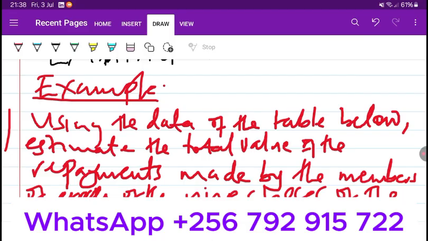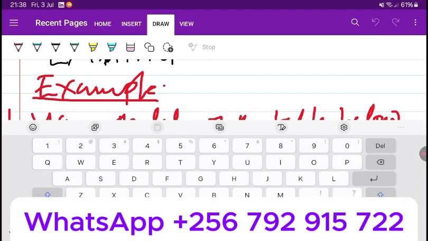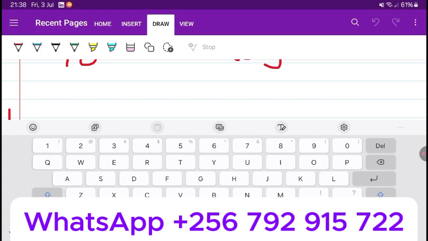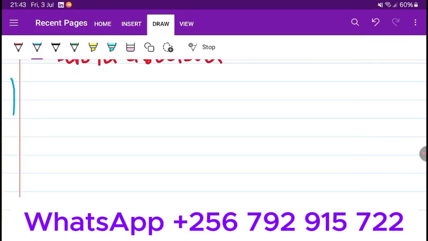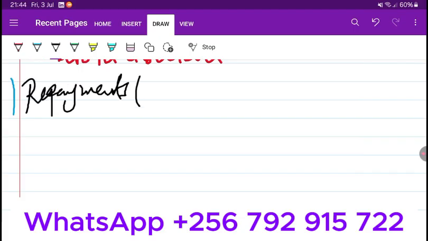So it means they have given us the repayments for different people, but they have grouped them into 9 classes. So we can have the table. We have the repayments, in thousands, and then we have the number of shop owners.